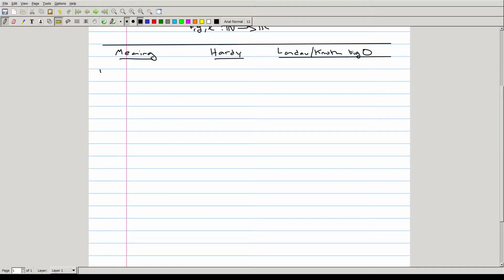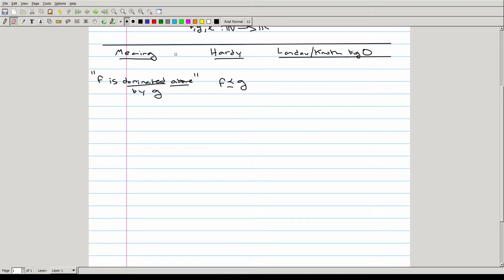So the meaning here is going to be that we'll say that the function f is dominated above by a function g. In the Hardy notation, you write this as f, and then something that looks similar to a less than or equal sign, but is actually curly, g.